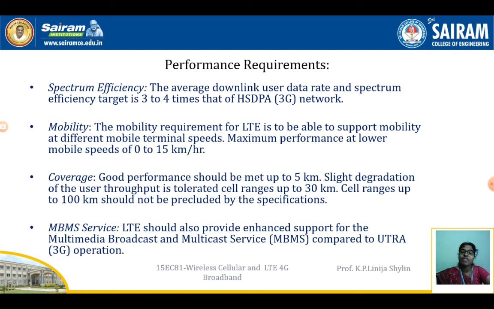When the cell range is up to 100 km, it should not be precluded by the specifications. MBMS service is multimedia broadcast and multicast service. In this, LTE should also provide enhanced support for the MBMS service when compared to UTRA 3G operation.